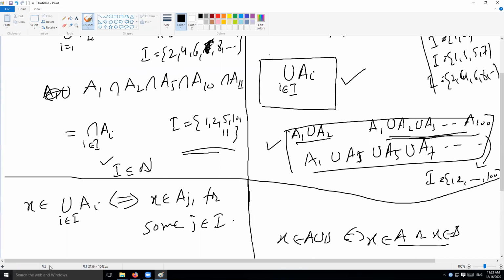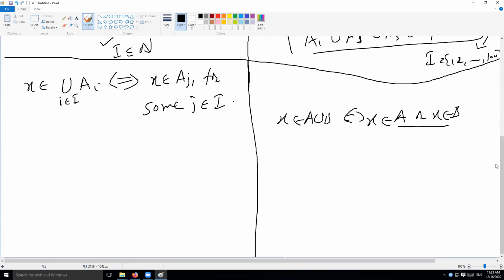So when I am saying that x belongs to this union, where the union is taken over an indexing set I, I'm going to say that x belongs to some A_j.